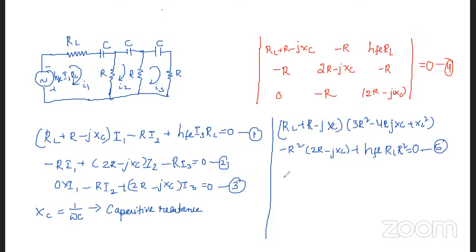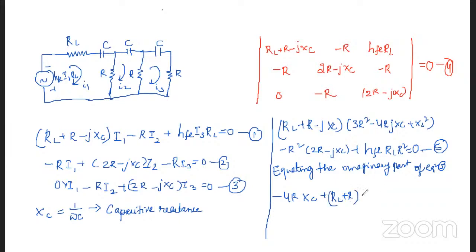Now we equate the imaginary part of equation 5 to 0. Equating the imaginary parts, first we get minus 4R XC plus RL plus R, this is one, minus XC into 3R square minus XC square plus R square XC, which will be equal to 0.